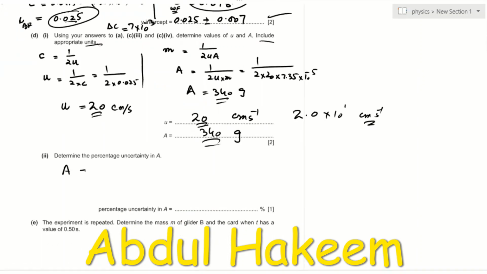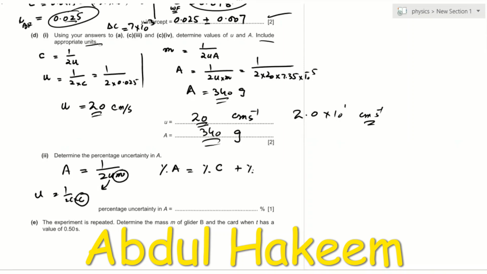Now the question is, determine the percentage uncertainty in A. Look, A is calculated from 1 over 2UM. U is calculated from the y-intercept, and the U is 1 over 2C. It means y-intercept and the gradient are used, so the percentage uncertainty of A is the percentage of C plus percentage of gradient M, because A is equal to 1 divided by 2 times U, and U is 1 divided by 2C.